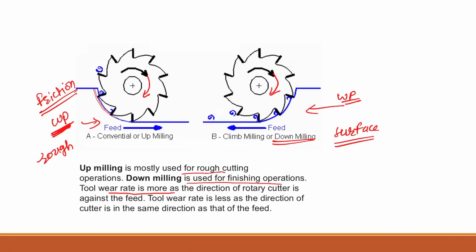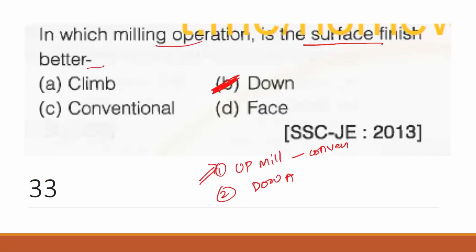Tool wear rate is more as the direction of the rotary cutter is against the feed. Tool wear rate is less as the direction of the cutter is in the same direction as that of the feed. Right, so the correct answer is down milling. This question was asked in SSC JE 2013 examination, very important with respect to your RTO examination.